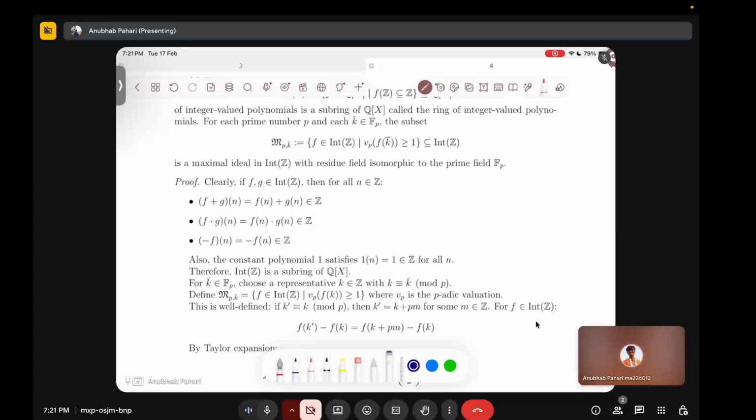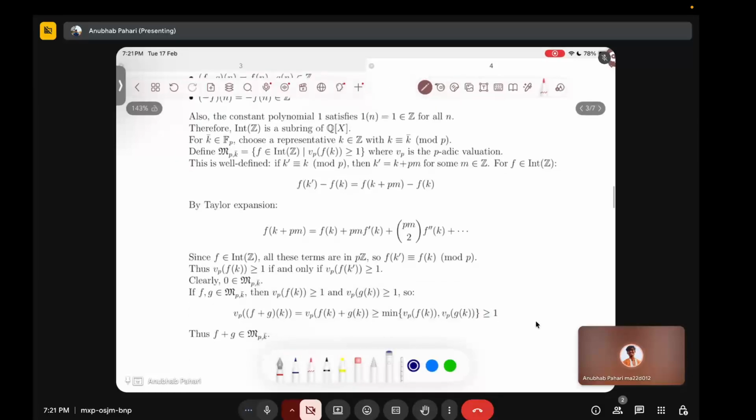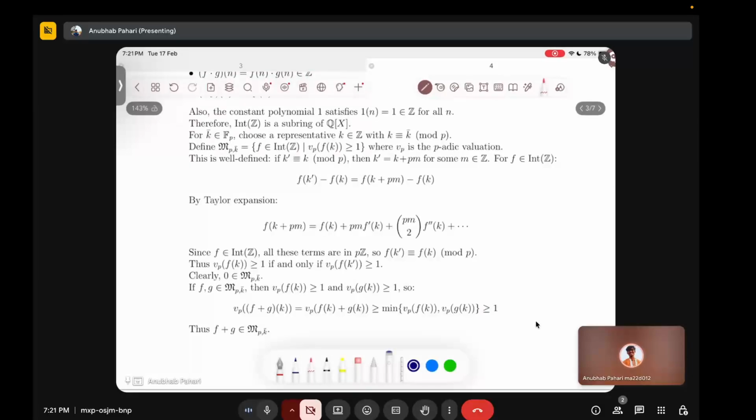That is, k mod p is congruent to k bar, and define your M_{p,k} as mentioned above, where v_p is the p-adic valuation. Now this is well defined. If k' is congruent to k mod p, then k' equals k plus pm for some m in Z, and for f in Int(Z), f(k') minus f(k) equals f(k plus pm) minus f(k).